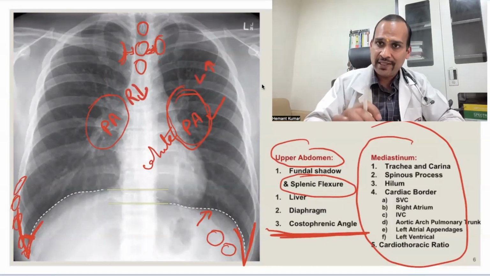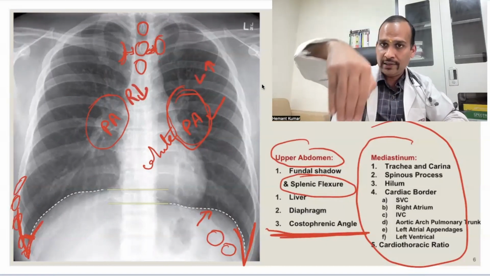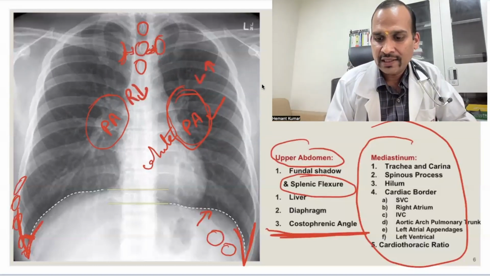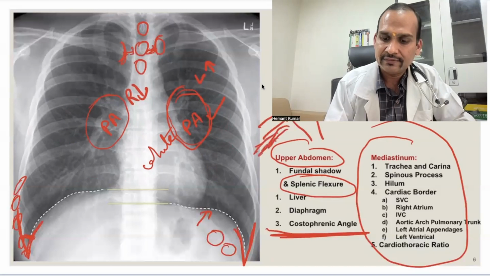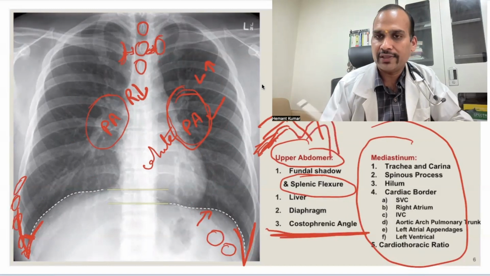Because on the left side, the pulmonary artery takes a loop over the left bronchus. See? This is the carina. The pulmonary artery goes like this on the right side, but on the left side it loops over the bronchus.